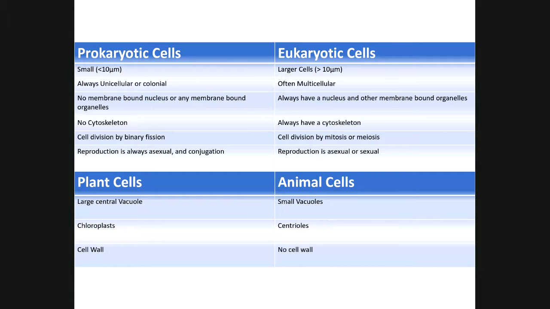Okay, so there's a list of stuff for you to remember, right? Prokaryotic cells are small; they're usually less than 10 micrometers in length. Remember a micrometer. If you took a meter stick and divided it 1,000,000 times, that would be 1 micrometer. Each division would be 1 micrometer.